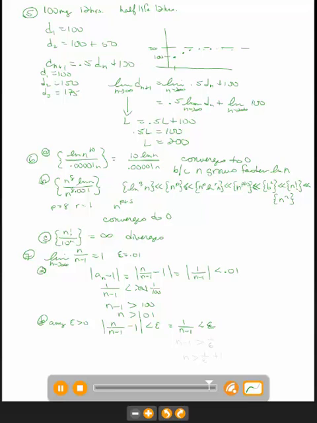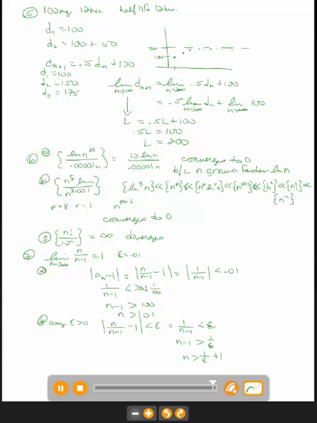Solving this for n, flipping the whole thing over, we get n minus 1 is greater than 1 over epsilon, which means that n has got to be greater than 1 over epsilon plus 1.